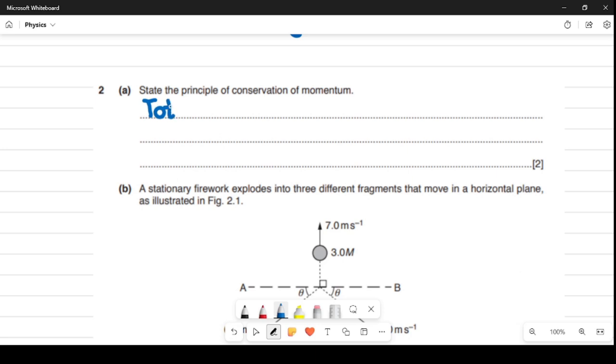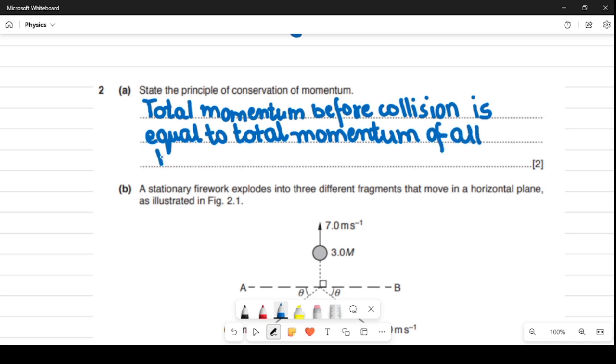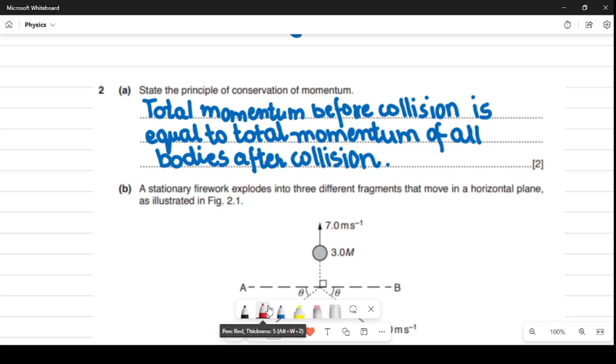So, principle of conservation of momentum states that total momentum of all the bodies before collision is equal to total momentum of all the bodies after collision.